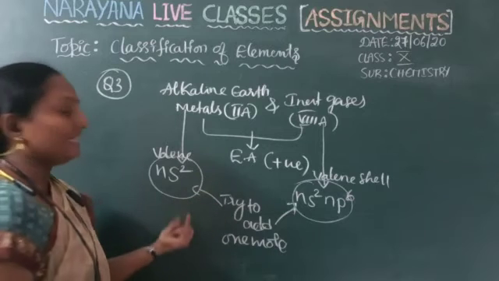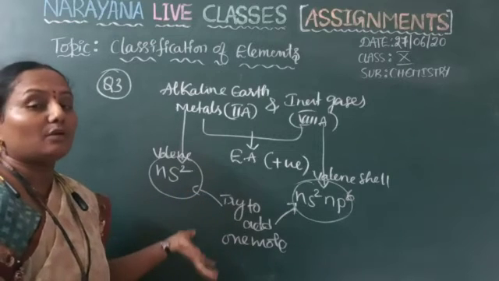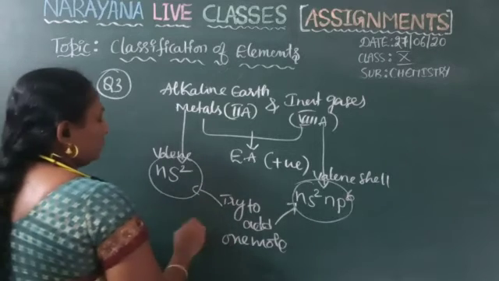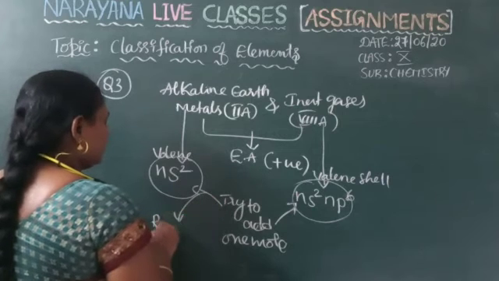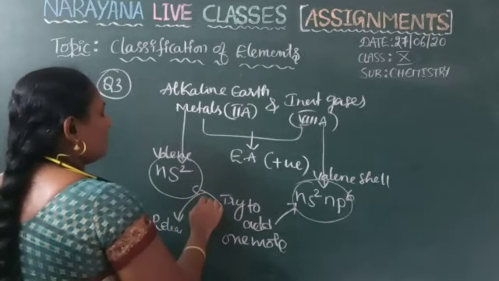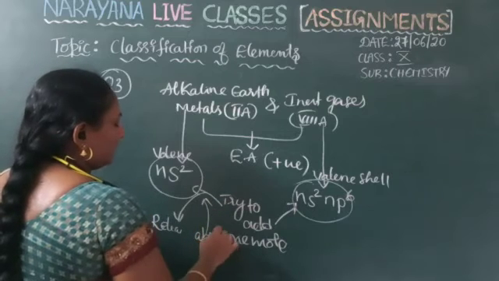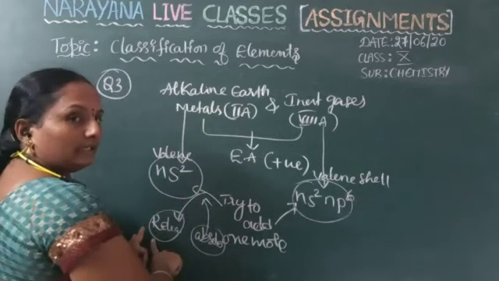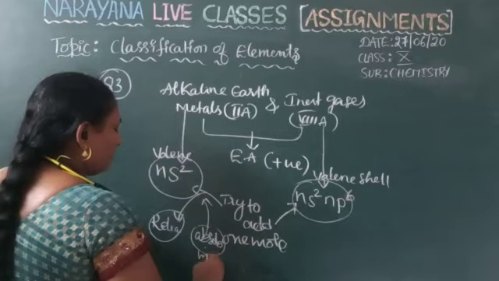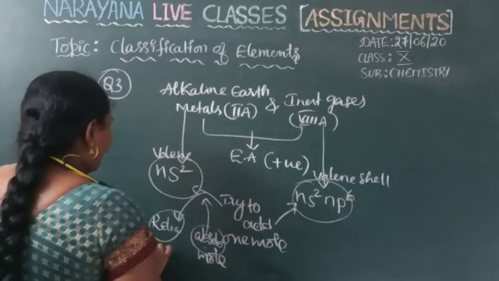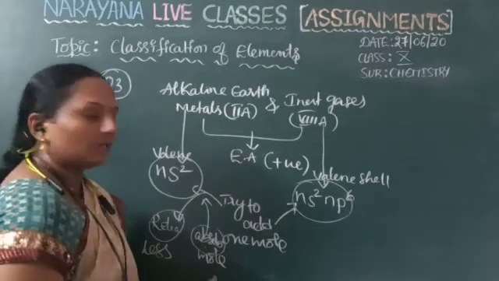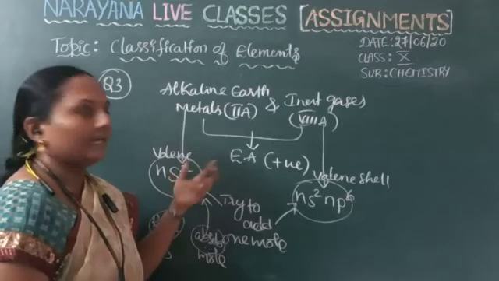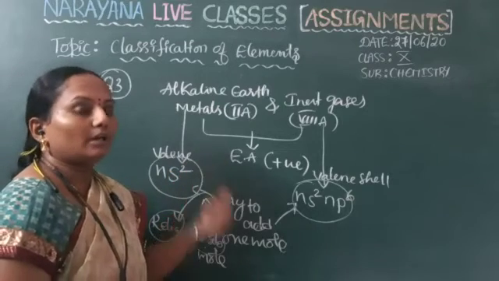The energy released is less when compared to the energy absorbed. It releases energy and also absorbs energy, and on comparing the two, the absorbed energy is more than the released energy. That's why their electron gain enthalpy process is endothermic in nature.